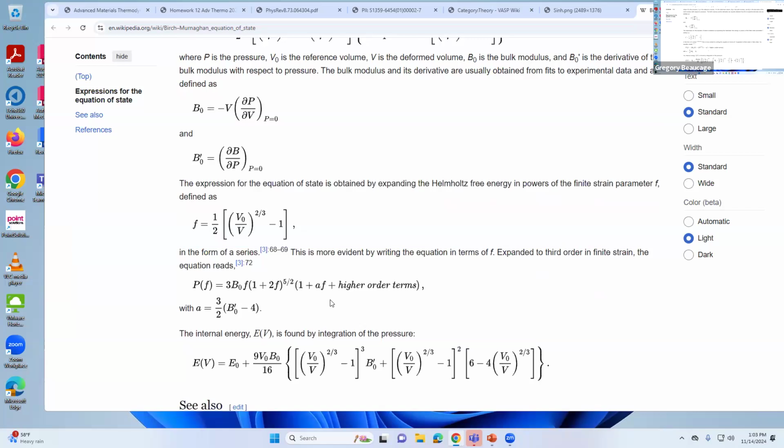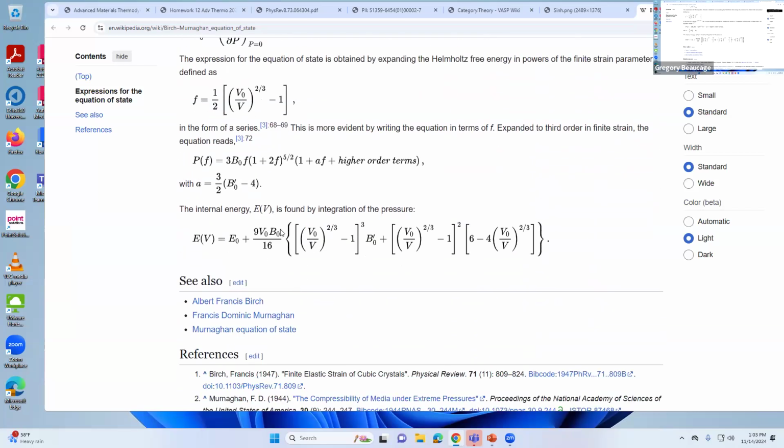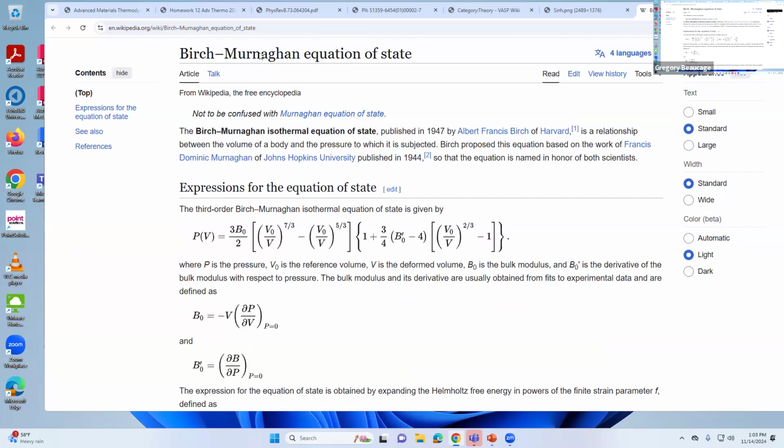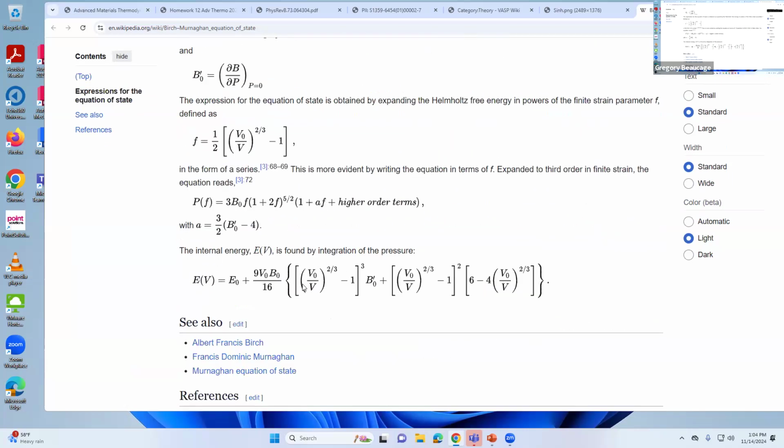But if you take P times V, you get energy, so you can calculate the energy in terms of the modulus, V0, and the derivative of the modulus with respect to the volume, I guess. Murnaghan is a hard word to pronounce, but that's the equation of state. From this, you just get the modulus from it.